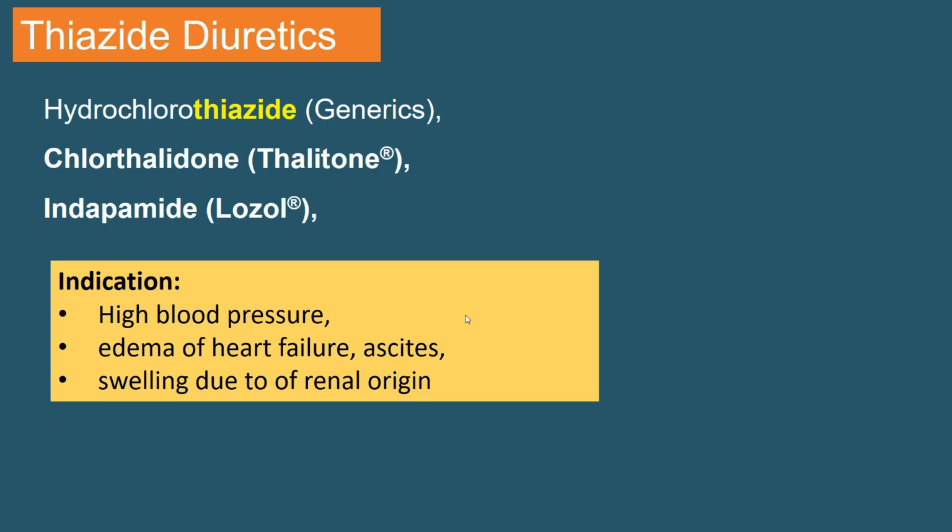Thiazides are primarily used for high blood pressure, swelling of the heart in heart failure, ascites in chronic liver disease, and also swelling due to renal origin. Therefore, these medications are used for this purpose.